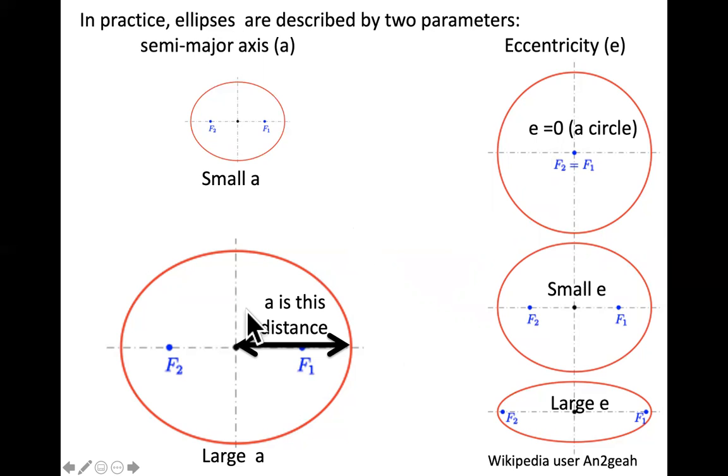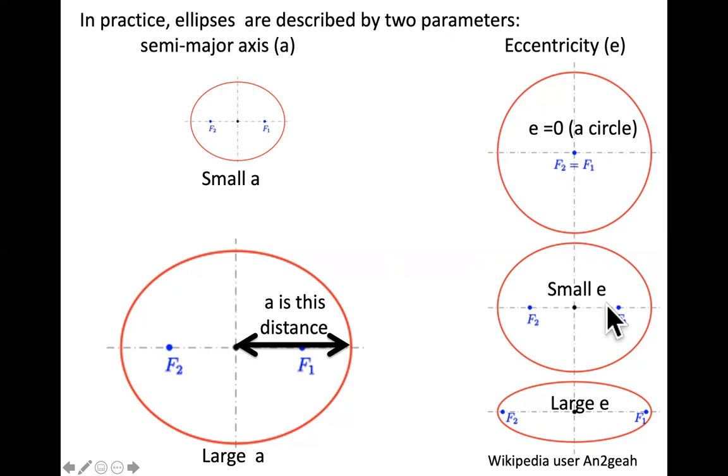This describes size. The other parameter is what's called the eccentricity, which describes basically how elongated the ellipse is. If the eccentricity is 0, then that corresponds to the case where the two foci are right on top of each other, and you have a circle.